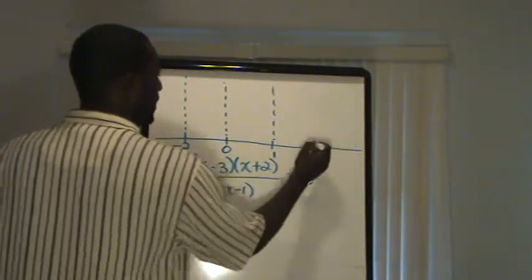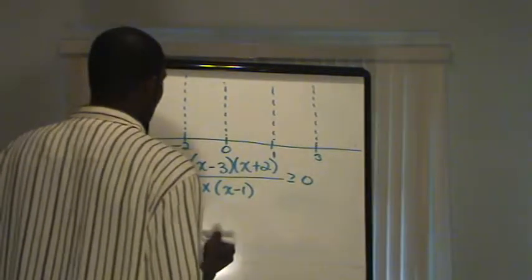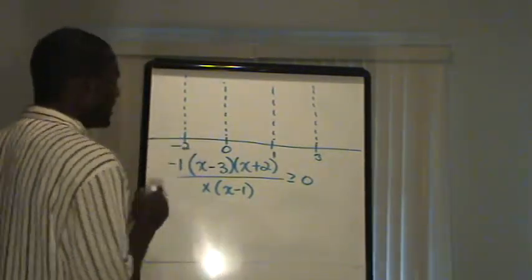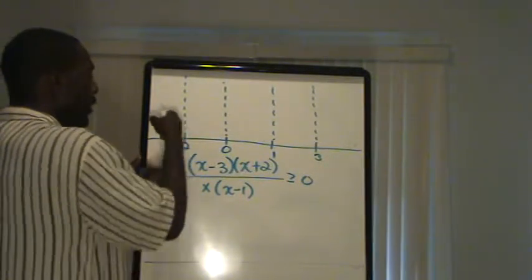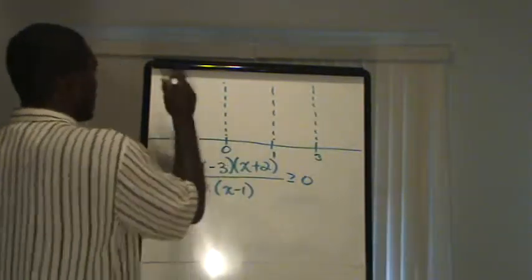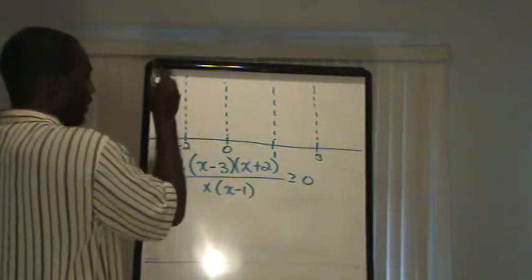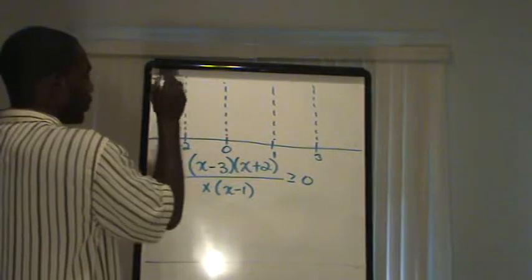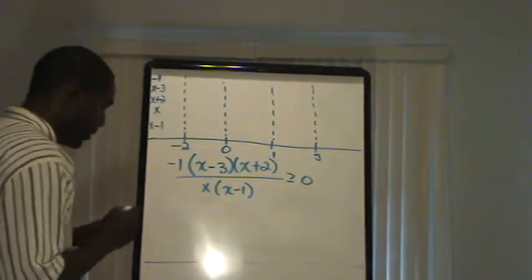And x minus 3 tells me that 3 is a test point. And so just like the last example, we still have to consider negative 1 as we go through and partition the real line. So I write negative 1, x minus 3, x plus 2, x, and x minus 1. And so now the game is almost over.